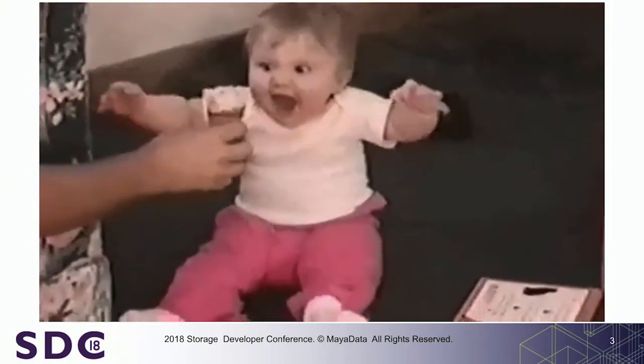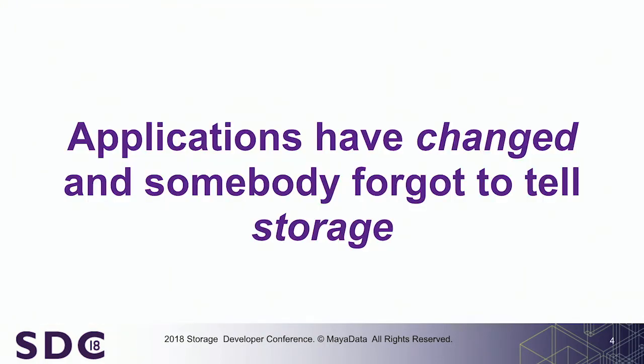As we started to talk to these people that we learned from the past, one thing that stood out specifically is that applications have changed and somebody forgot to tell storage. When I say apps, I implicitly mean this client-server model that is almost default. You access something on your phone, that's the client, and the service runs in the cloud.